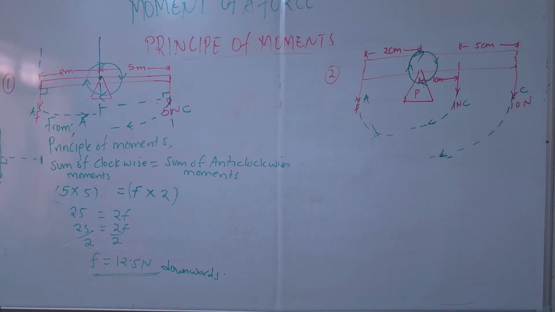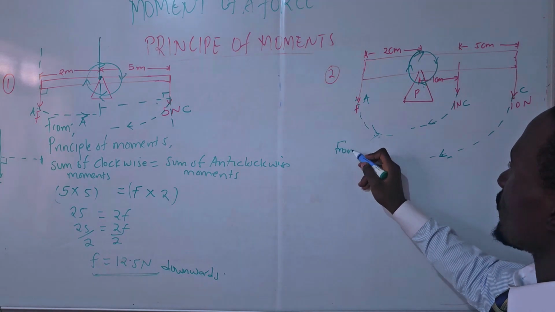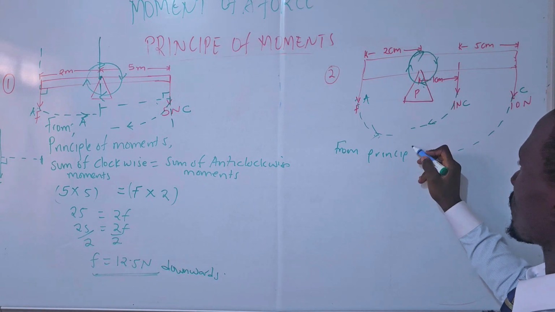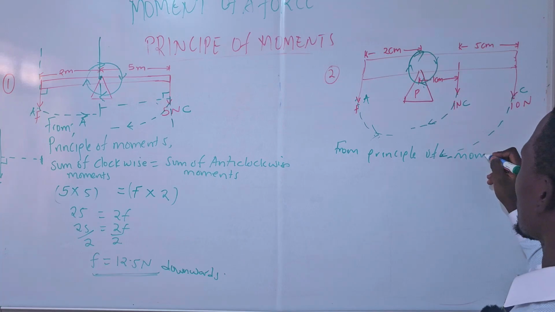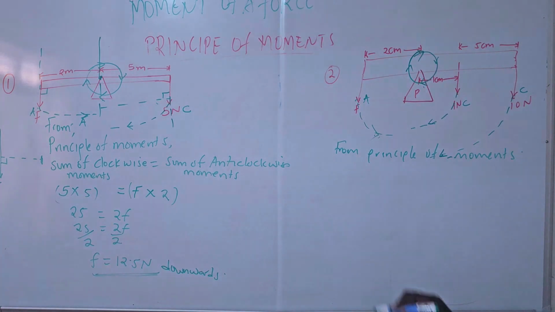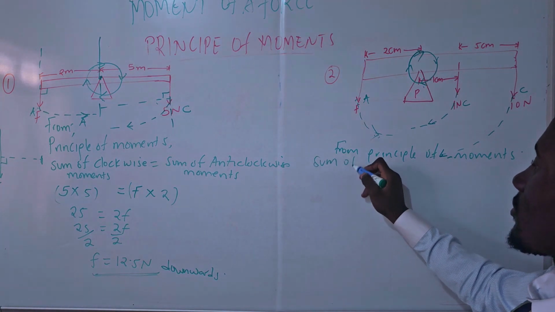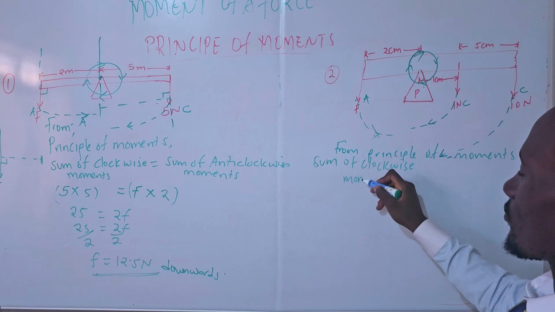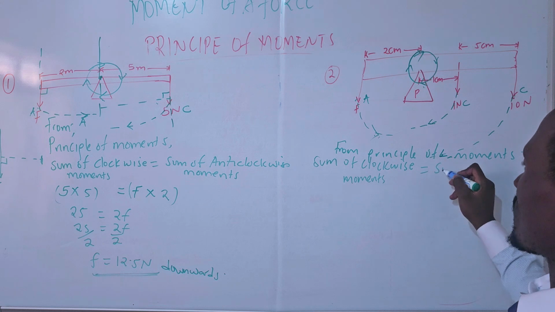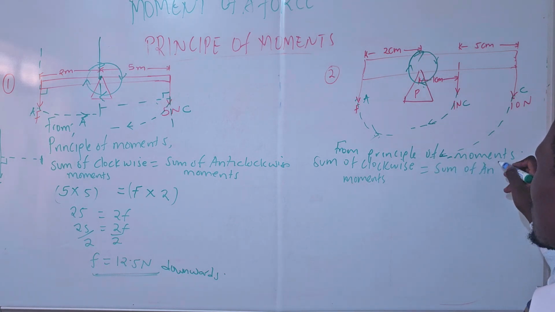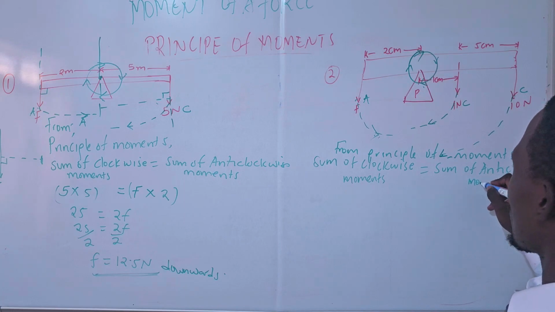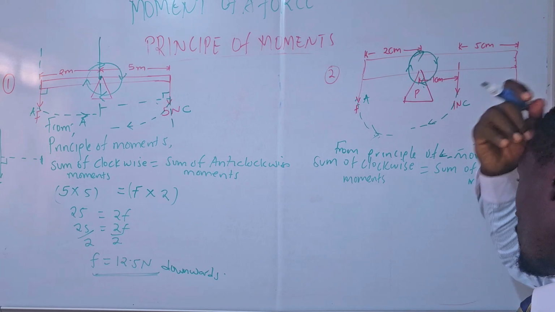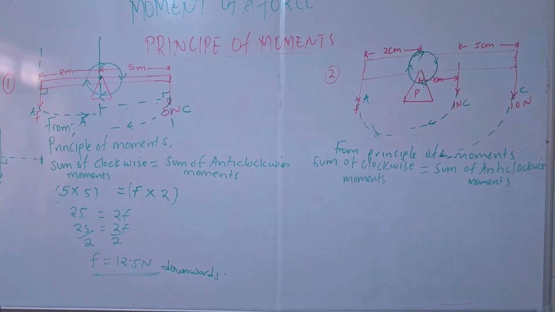After doing that, all the forces have been labeled. Come and apply the principle of moments. The sum of clockwise moments is equal to the sum of anti-clockwise moments. In this case, for the clockwise moments, we have 1 newton.